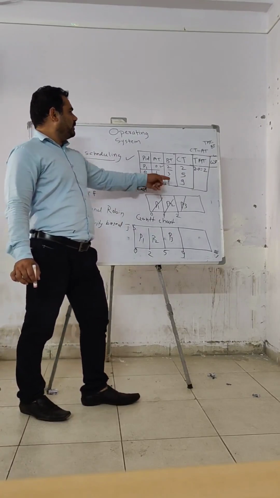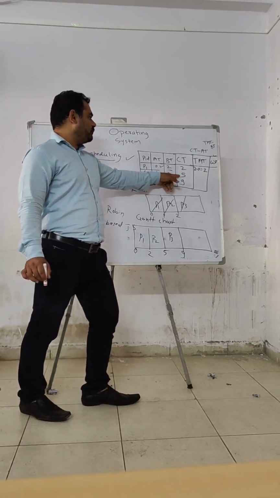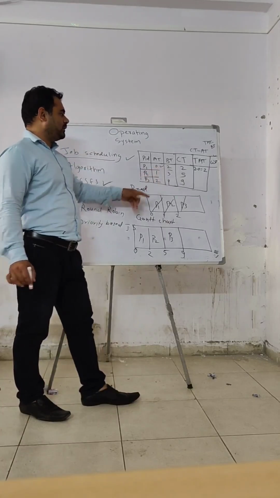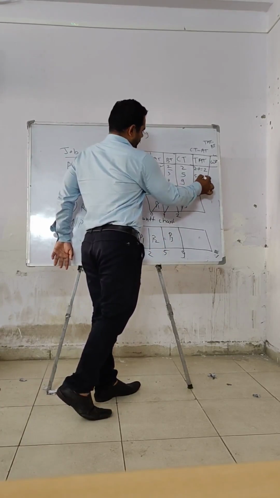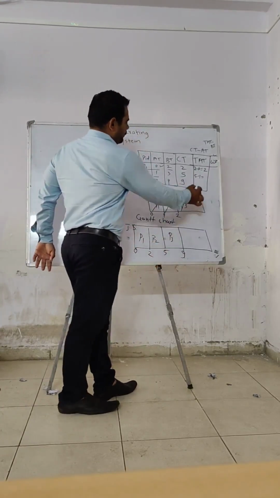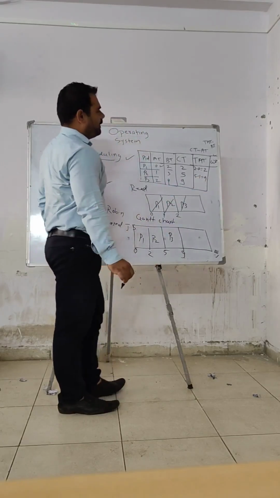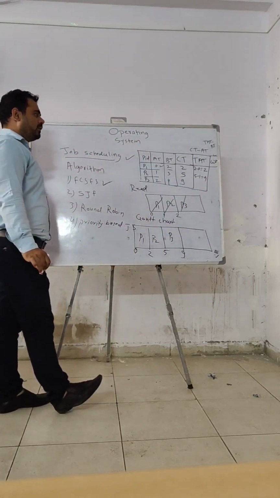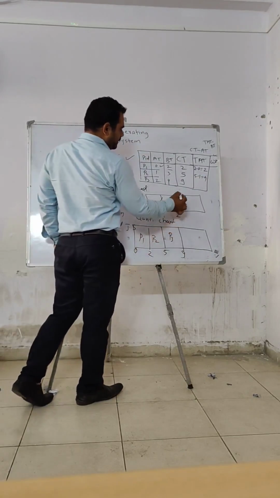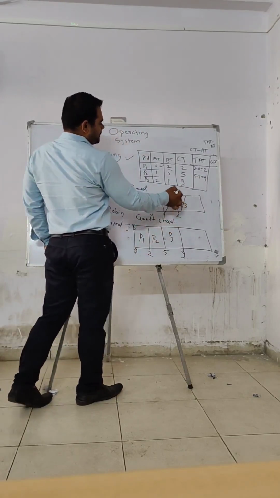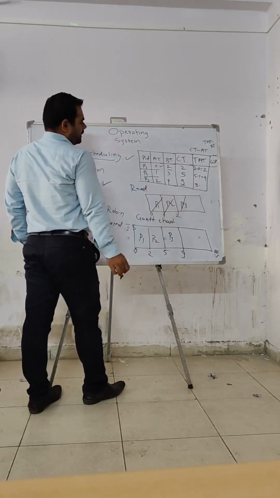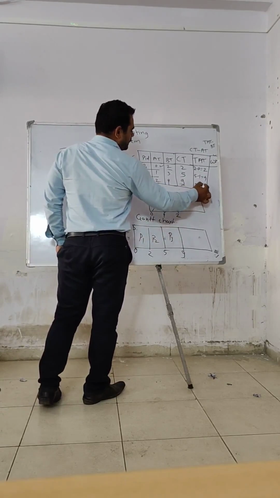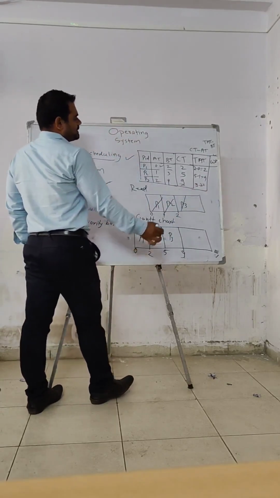Same thing. Completion time of P2 is 5 and arrival time of P2 is 1. 5 minus 1 is equal to 4. Now we will calculate the turnaround time of process P3. The completion time of process P3 is 9, minus the arrival time of P3, which is 2. It will be 7.